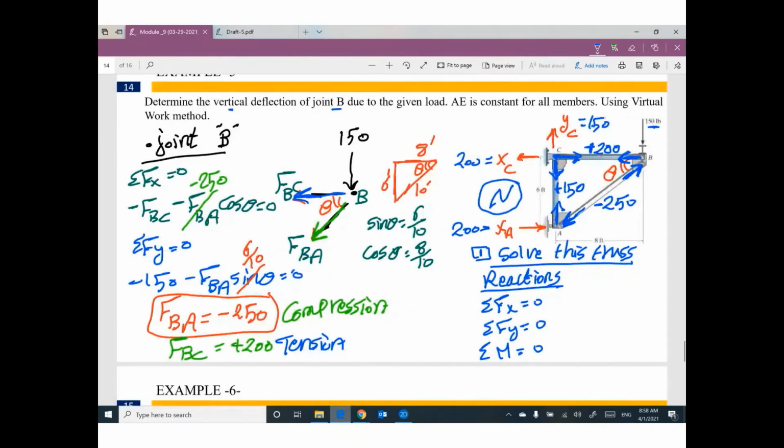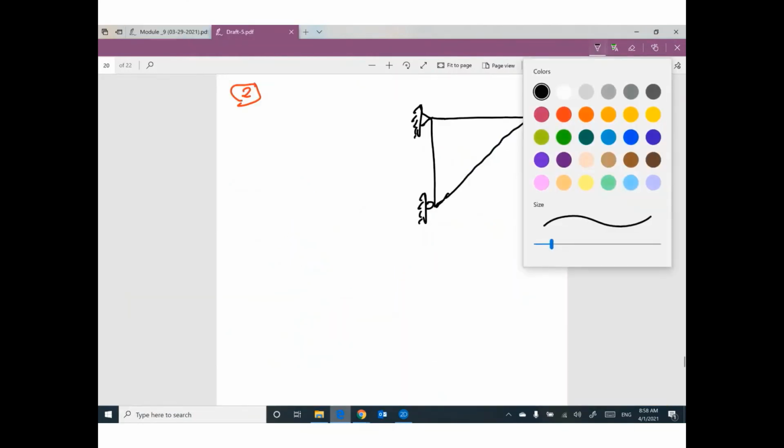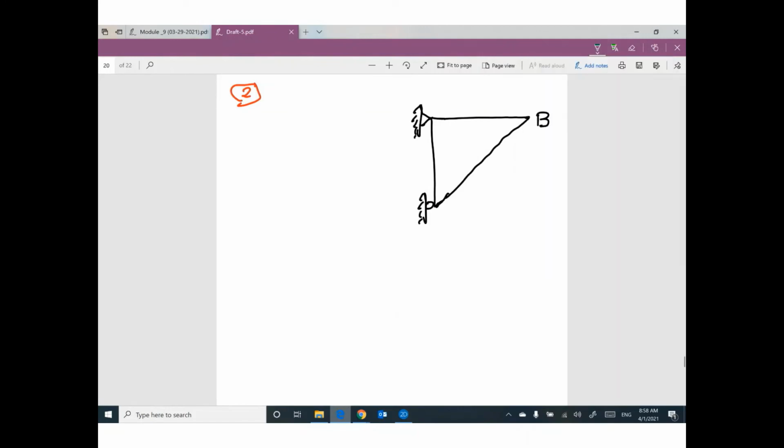We are looking for the vertical deflection at B. Here is point B. Because I'm looking for the vertical deflection at B, I will put a unit load at B, 1. That makes sense?